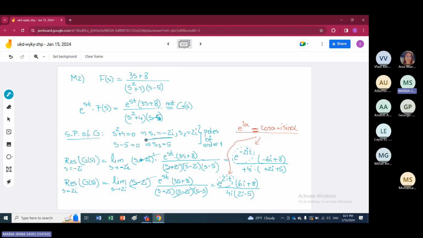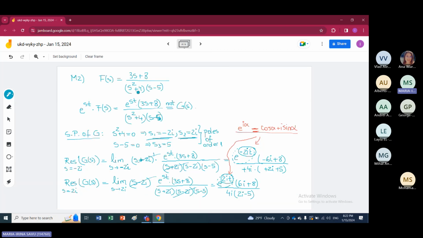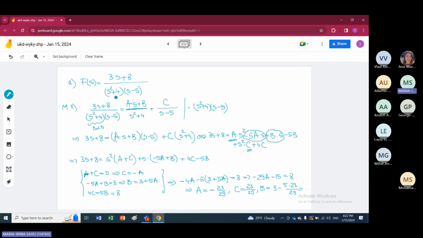And when you have complex solutions, like in this case, in the end, you'll have an exponential with complex exponent. And when you have this case, you must apply this formula, and also you must make this type of computations then. So when you have this type of function with a polynomial of degree 2 with delta less than 0 and a polynomial of degree 1, the best method is the first one.